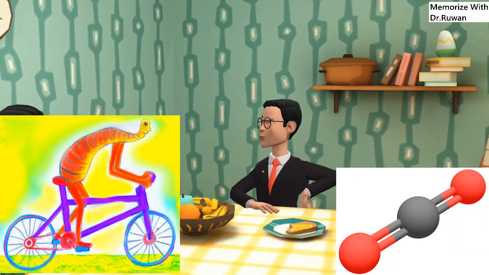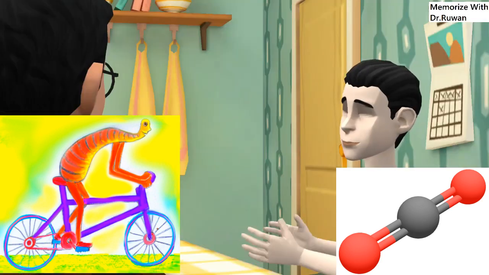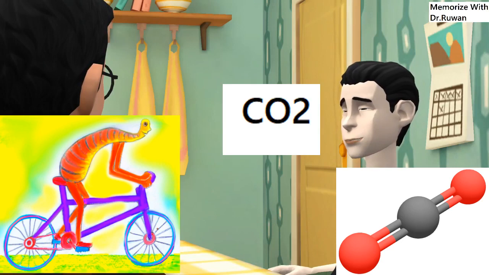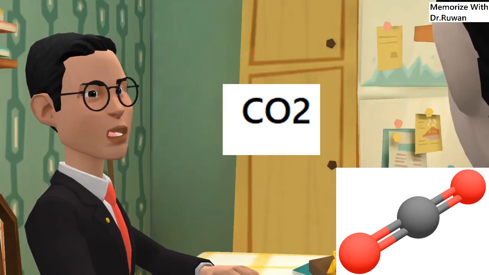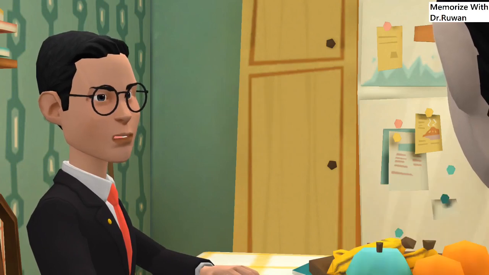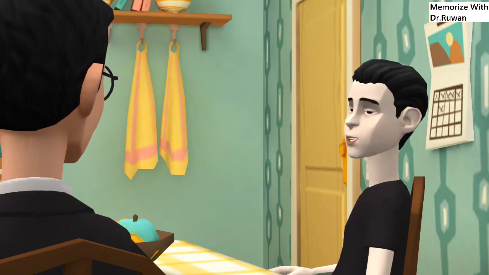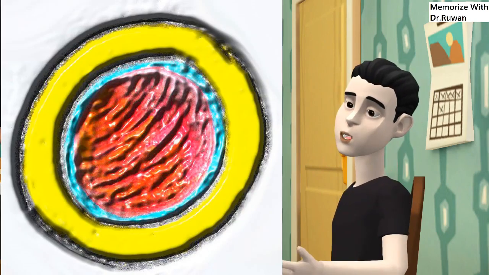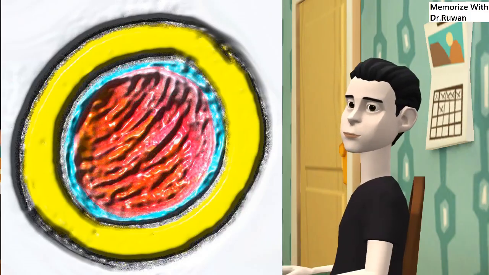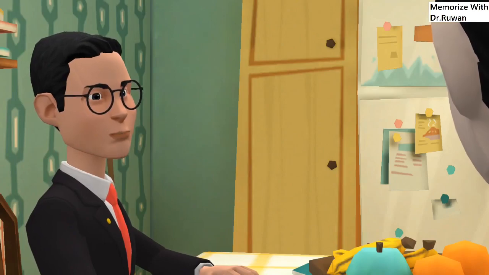What combination of atoms contain 2 oxygen atoms and 1 carbon atom? Carbon dioxide? Exactly. Now, can you guess which letters represent the buns? Of course, buns look like the letter O, so they must represent oxygen atoms. And what letter do dogs resemble?